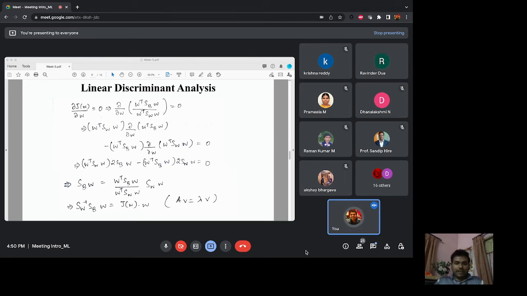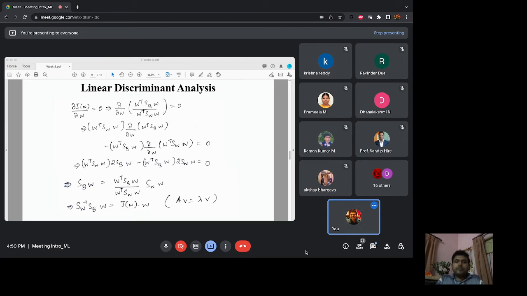After all those manipulations, we finally get to the equation SW inverse SBW equals JW into W, where JW is a scalar, SW inverse SB is a matrix, and W is a vector.